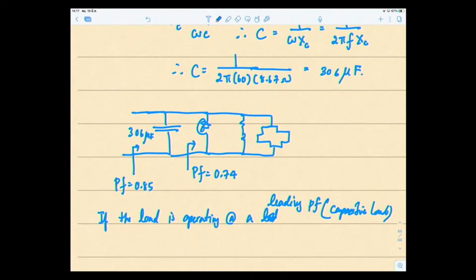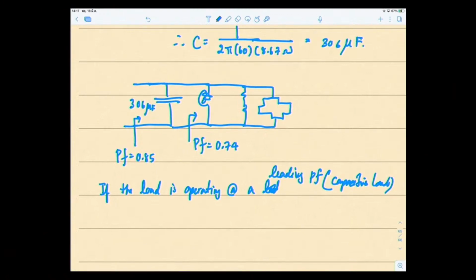then an inductor is connected across the load for PF corrections.